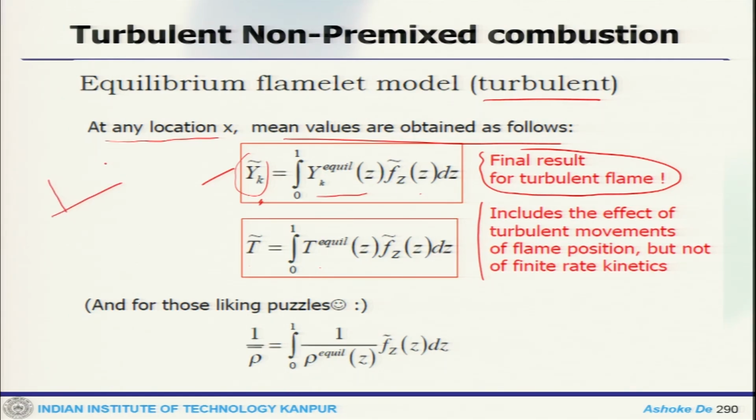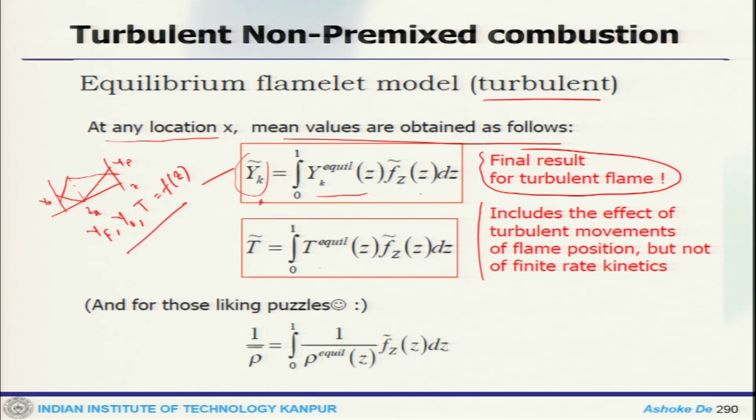is like this, where oxidizer comes in, and at Z stoichiometry, this is fuel, this is oxidizer, and our temperature can go like this. So, this is our temperature along Z stoichiometry. So, these are all Y fuel, Y oxidizer and T, they are functions of Z only.